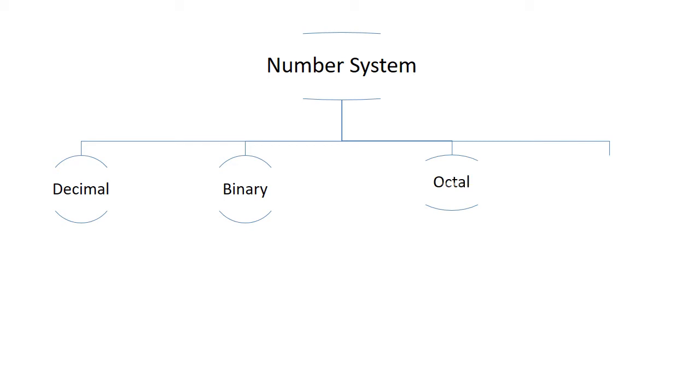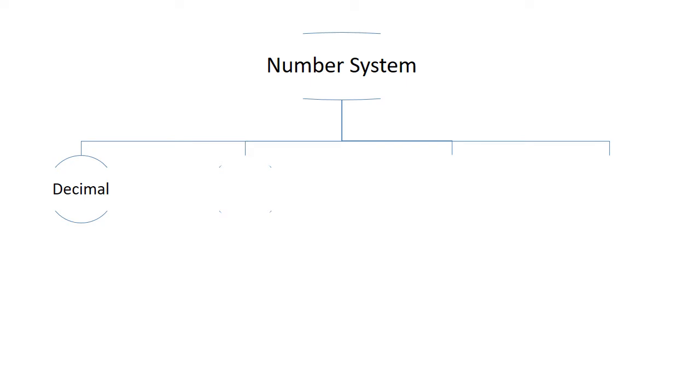And the binary number system, as you all know, is used by today's digital computers. All digital computers use the binary number system in order to store data or take inputs from the keyboard. So your computers can only understand the binary language.